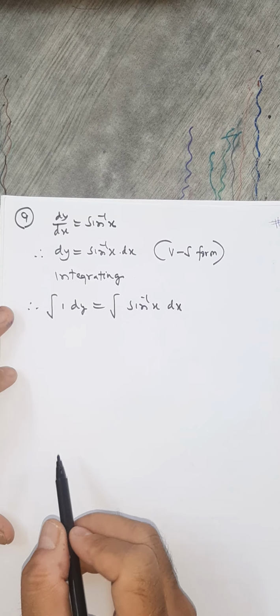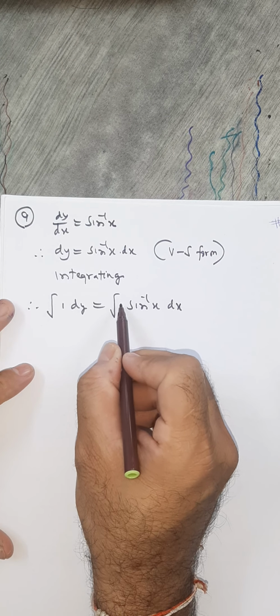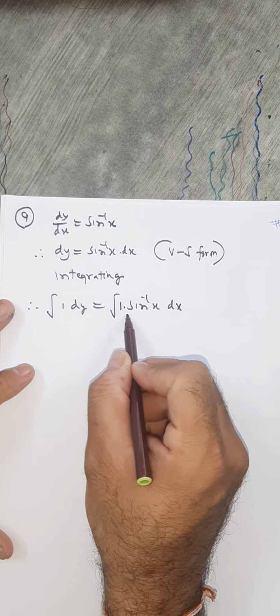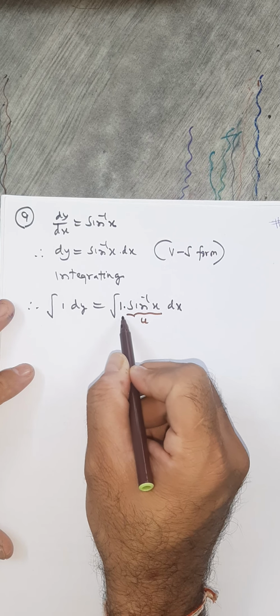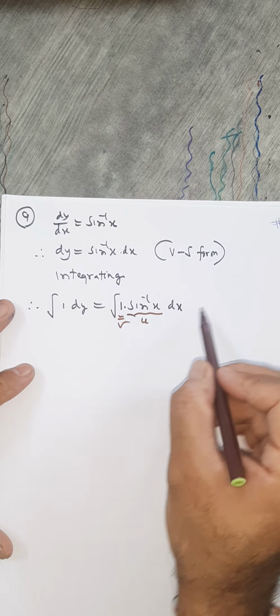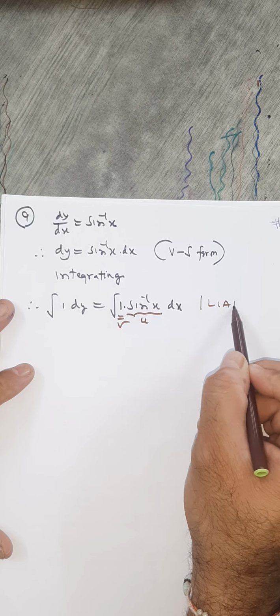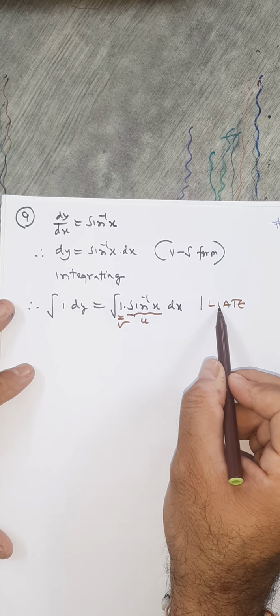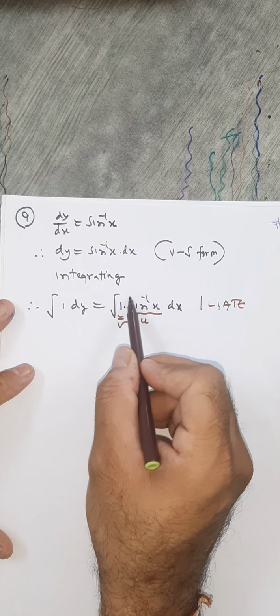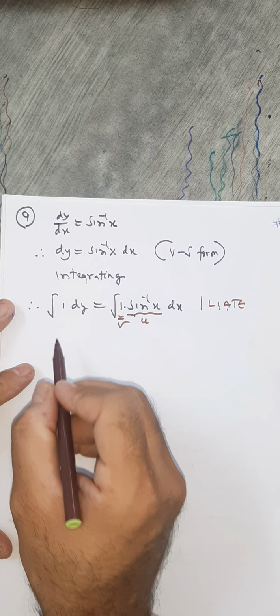Can you recall how we'll integrate right hand side? If you have a single function which is not known to you, then you can write into 1 and by parts. This is very well known method, you know. You can call this as u and this is v as per Liet rule. Right? Inverse and then algebraic. Inverse come first. Constant means algebraic.